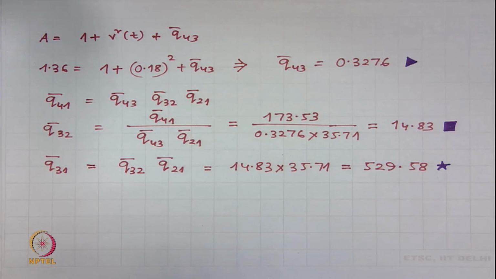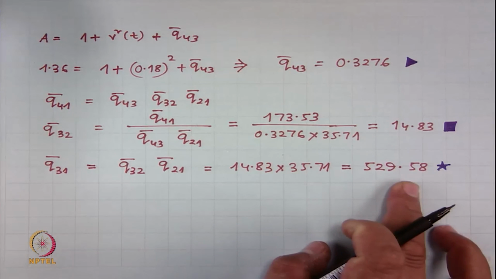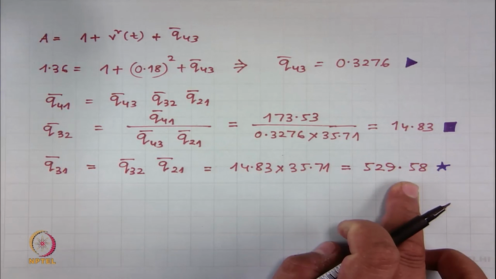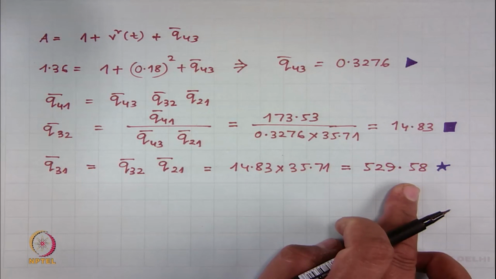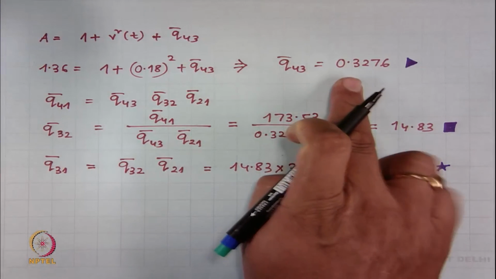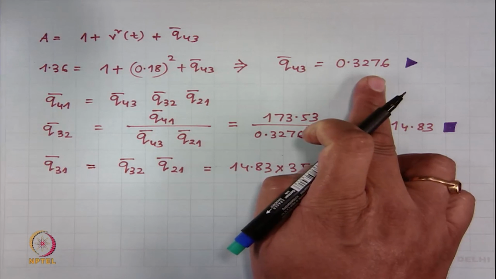At first sight this seems to be improbable. However, there could be many bundles that are empty. Look at the value of Q43. Q43 is 0.3276, is very less value.